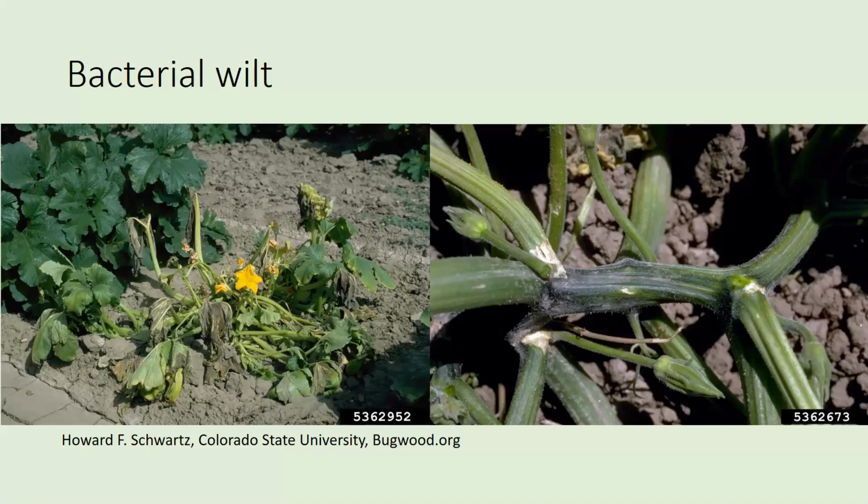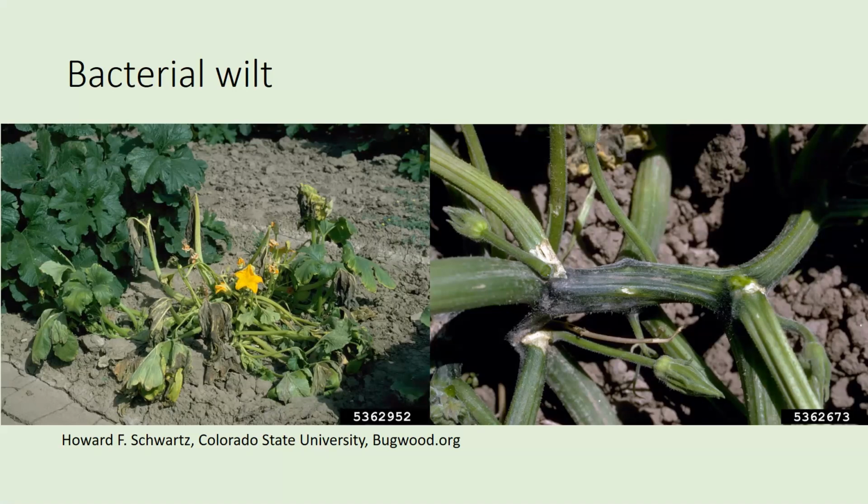Bacterial wilt. It comes on suddenly. Your plant is growing great one day, and then the next day you go out there and it has wilted and died. It's usually on individual runners. A lot of times when you look at it, one part of it has died.